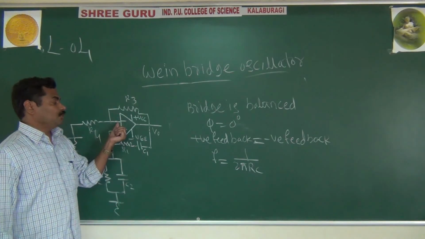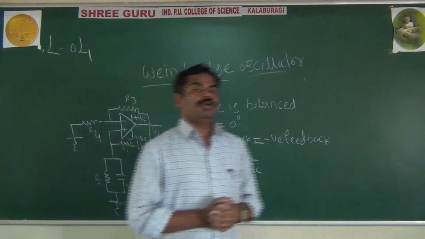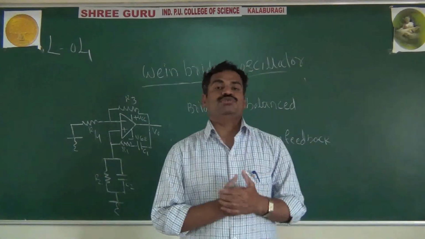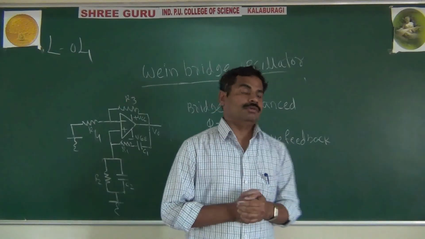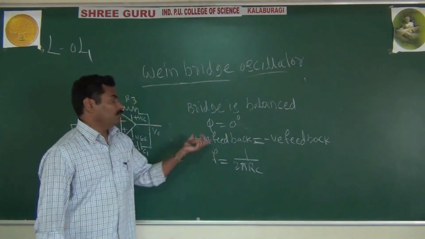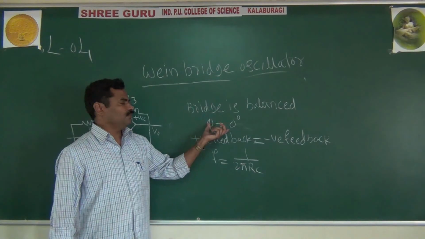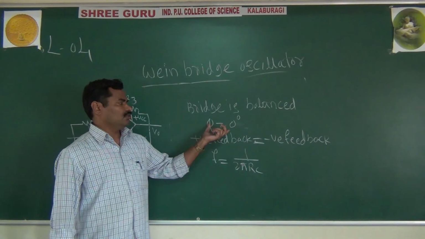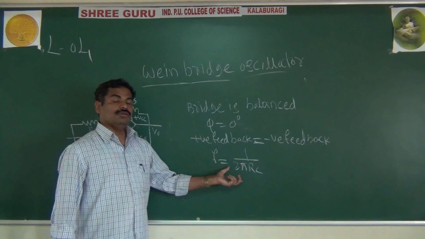The important thing is that only at a particular frequency will your bridge be balanced. At that frequency the phase angle will be 0, and the frequency at which the phase angle is 0 is nothing but the resonant frequency.